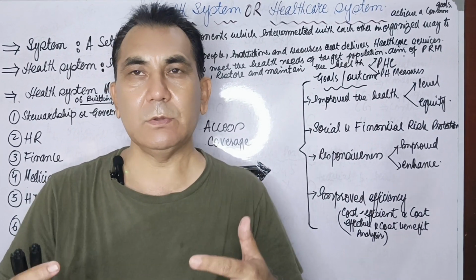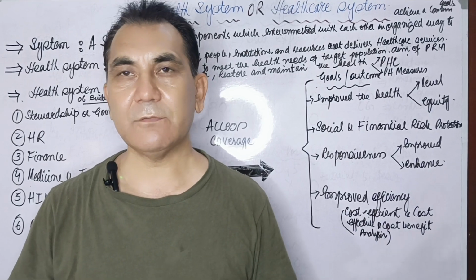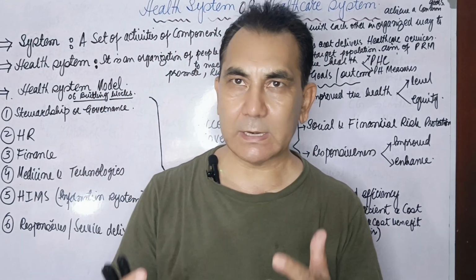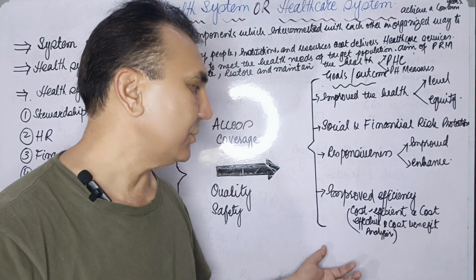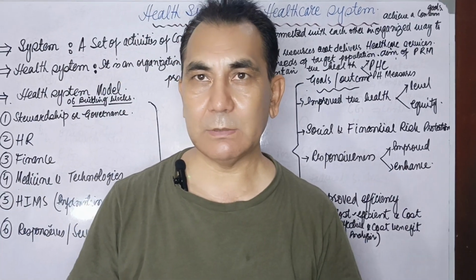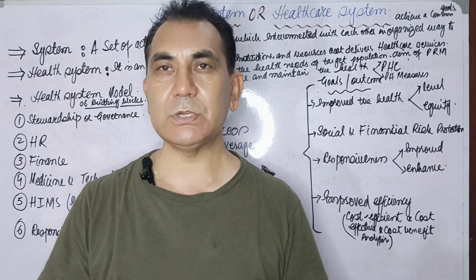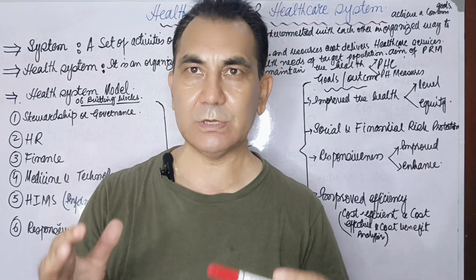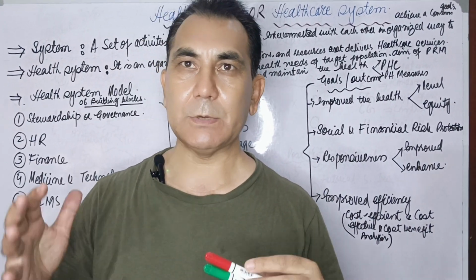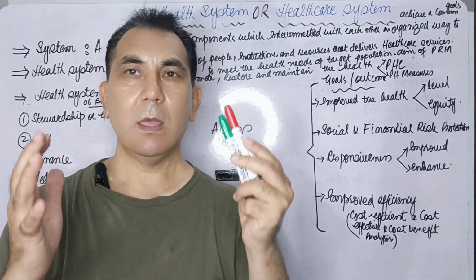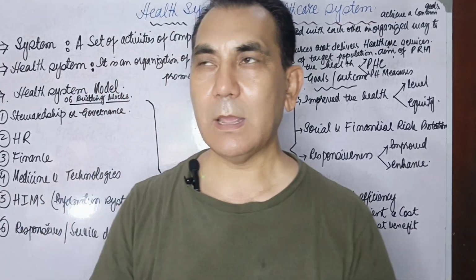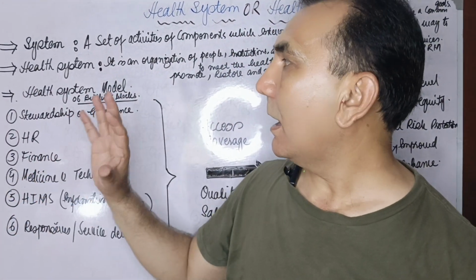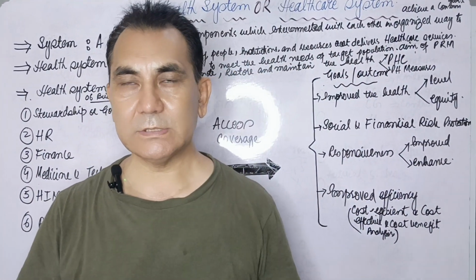We can improve this with cost effectiveness and cost benefit analysis, through management interventions or procedures we can provide to the target population. I hope in today's lecture your concept about the system, healthcare system, and health system models is clear.